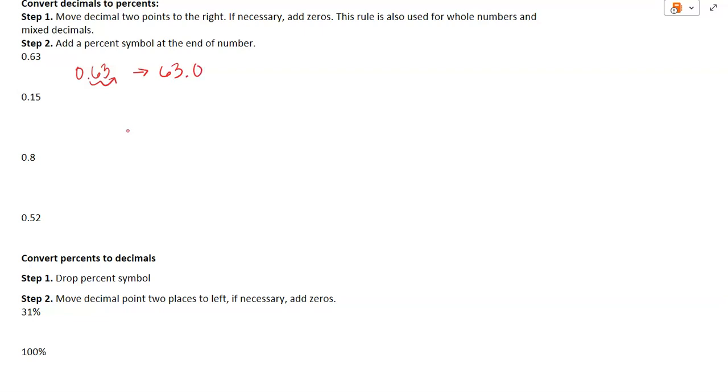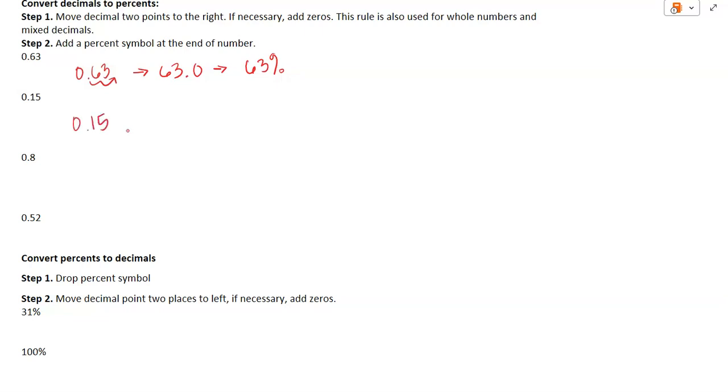Just because we have a decimal here, I'll add a 0, although it's not necessary. Then step 2 is to simply add the percent symbol.